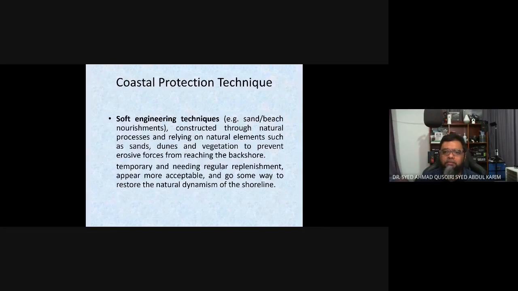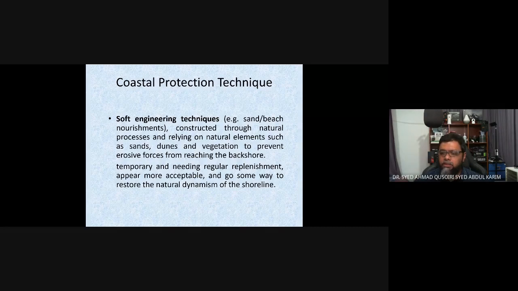And then we have another method of soft engineering, namely sand or beach nourishment, constructed through natural processes and relying on natural elements such as sand dune vegetation to prevent erosive force from reaching the backshore. So in this method, we do not rely on the use of concrete or rocks.